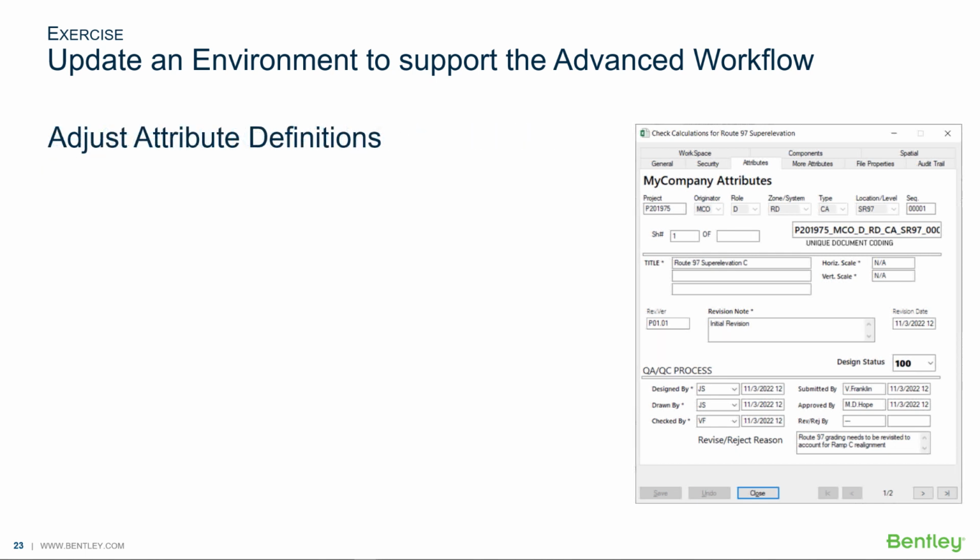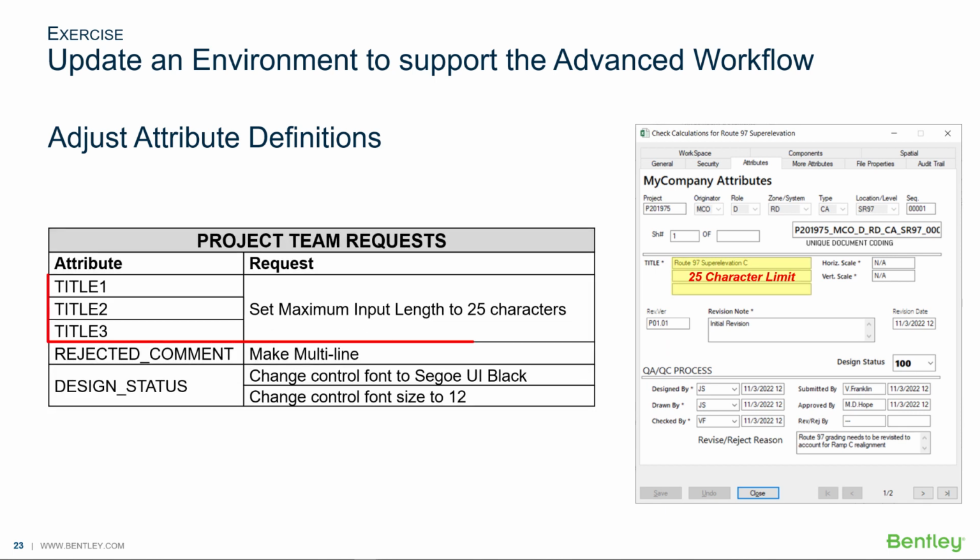Finally, we will make some cosmetic changes that the project team has recommended. Each title line can only have 25 characters or less to fit on the title block in the sheet file. The revise reject reason needs to allow multiple lines. The design status value needs to be 12 points Segoe UI Black.